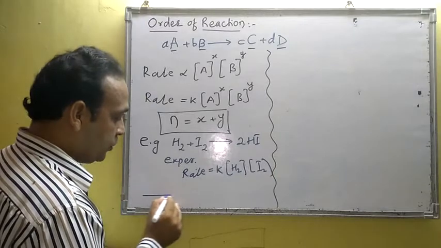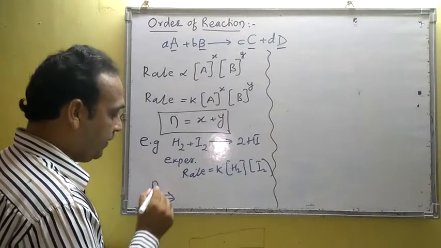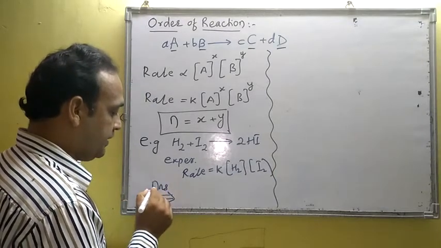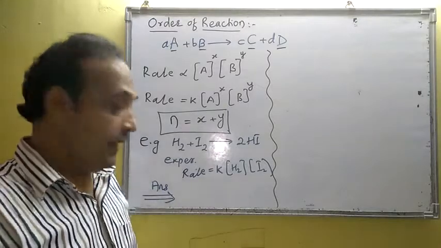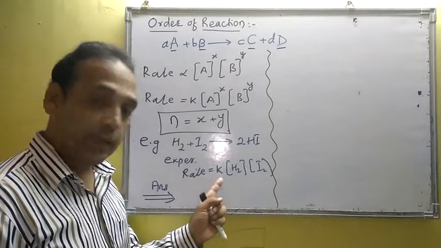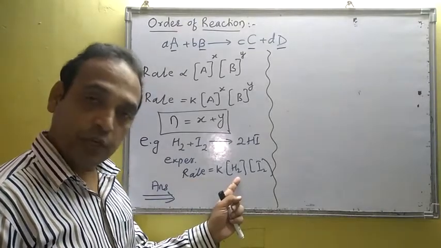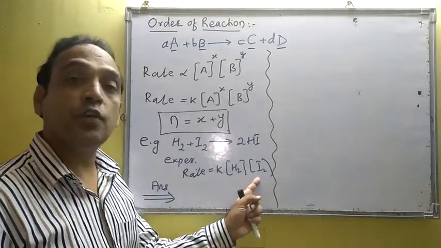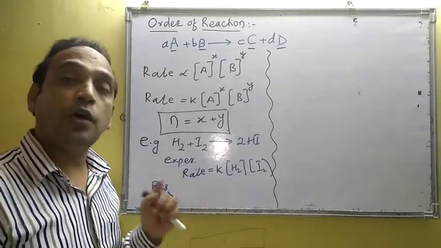Now my question is: find out the order of reaction. Experimentally, the rate is given: rate is equal to K, concentration of H2 into concentration of I2. Find out the order of reaction.